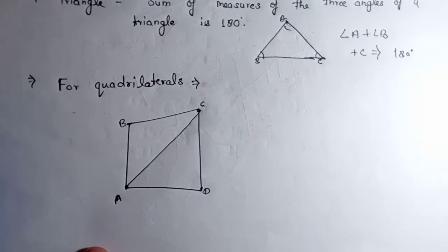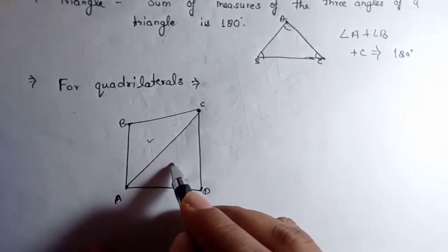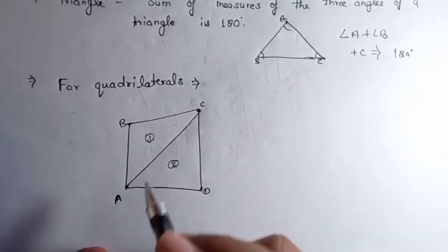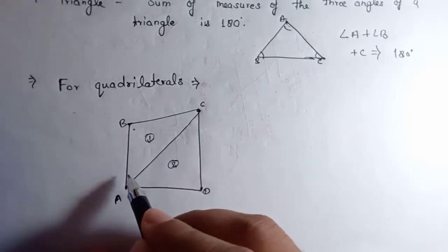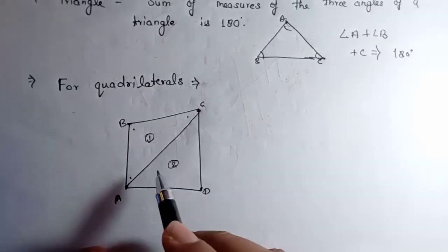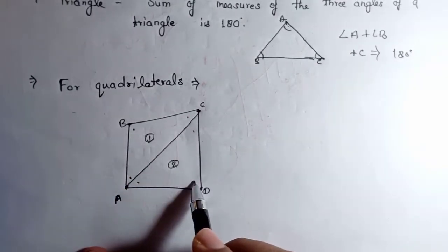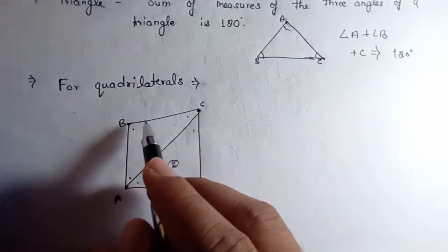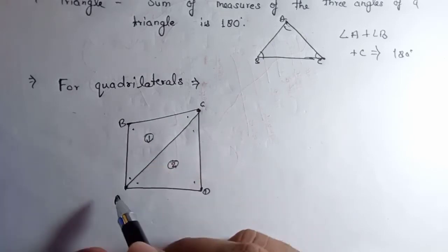Clearly you can see now this quadrilateral is divided into two triangles, first and second. You can see that. And you know that the sum of internal angles of this triangle is 180 degrees, and the sum of internal angles of the second triangle is also 180 degrees.